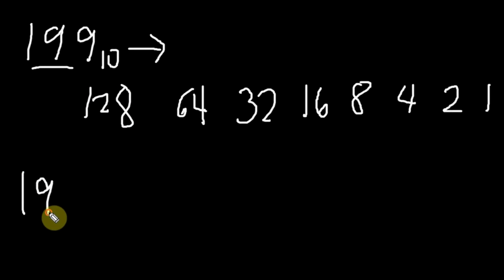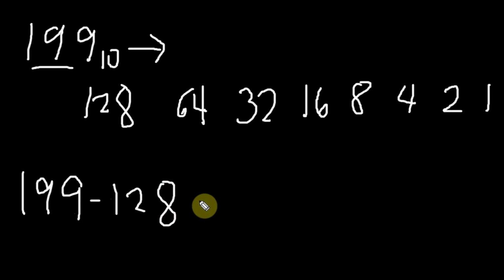So from here we subtract 128 from 199, and the answer is 71. Now you need to mark the number from the table that you've just used, and we'll get to that later.